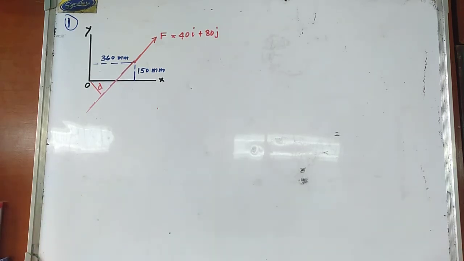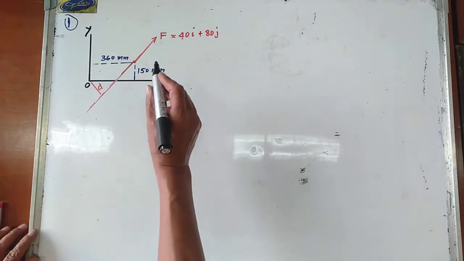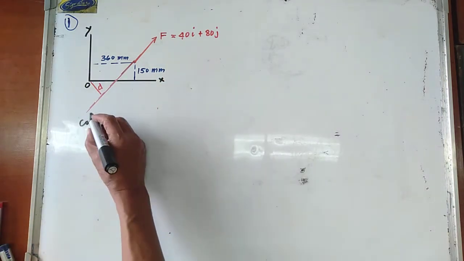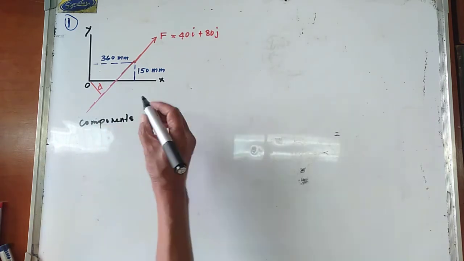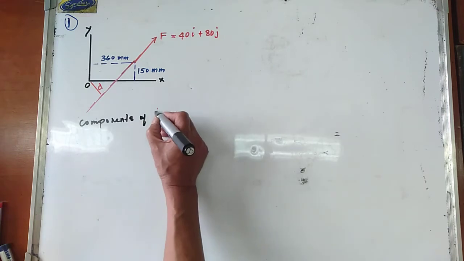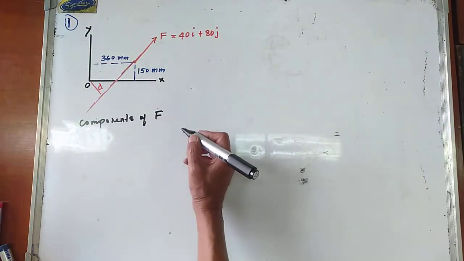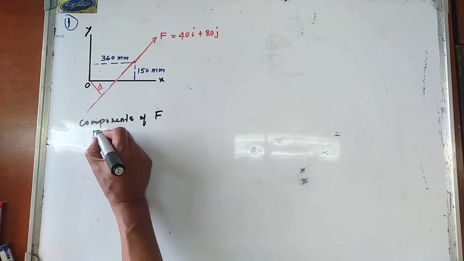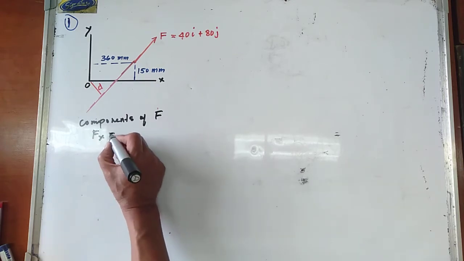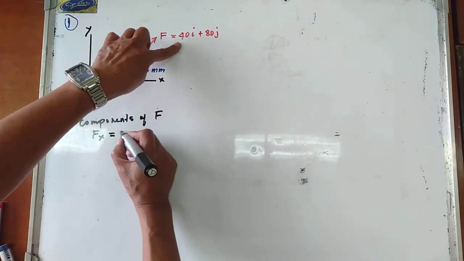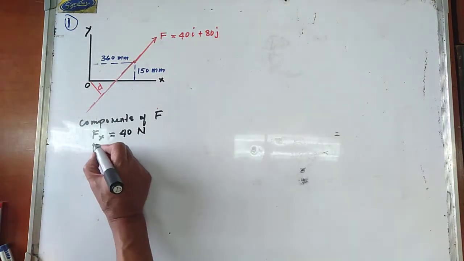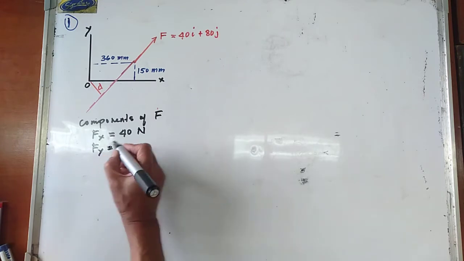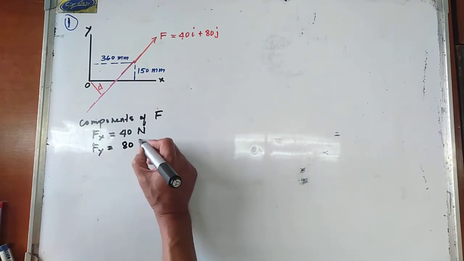So we have to determine the components of the force. So the components of the force F, we have now your Fx is now equal to 40 newtons, and your Fy is now equal to 80 newtons.